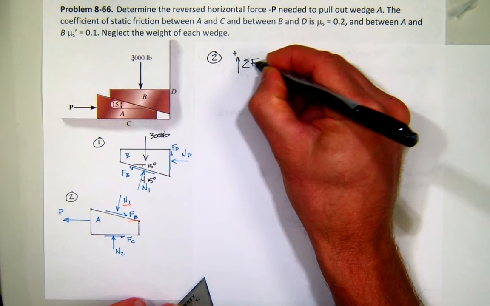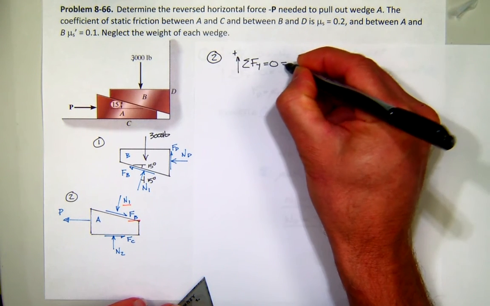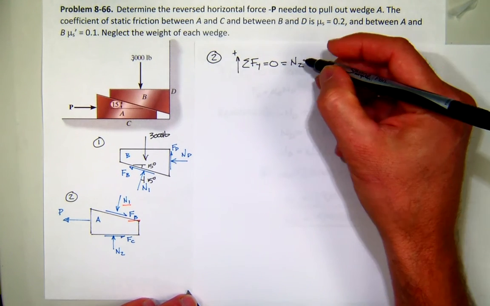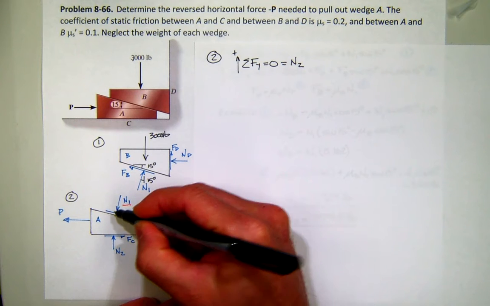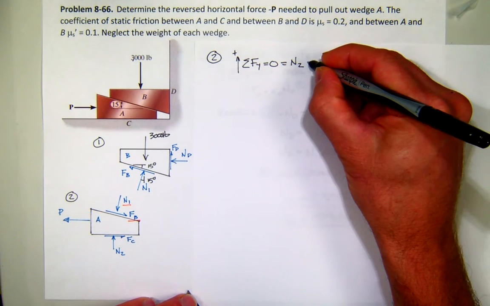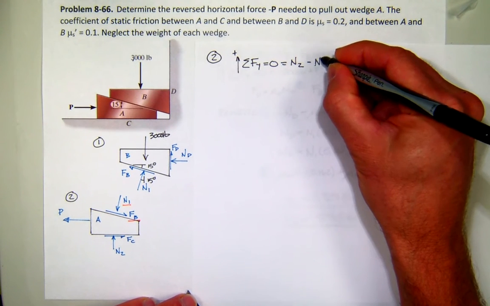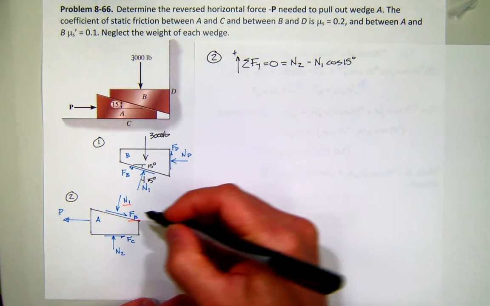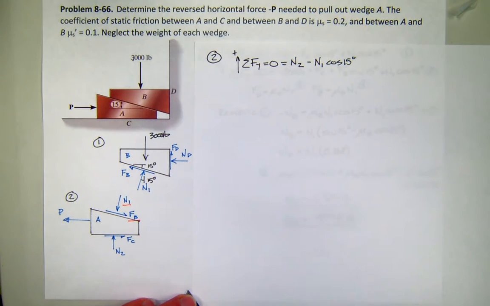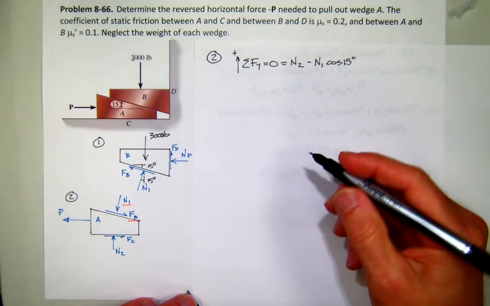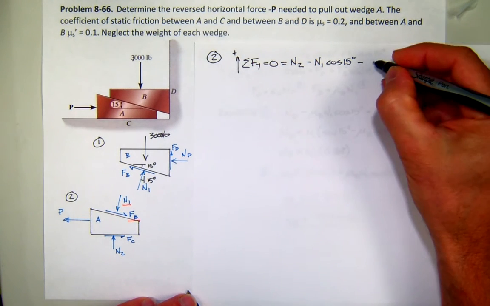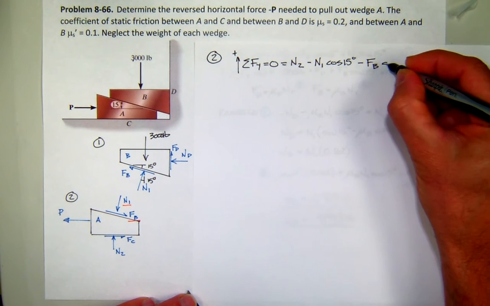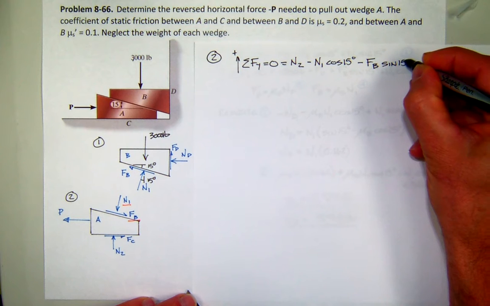So if we sum forces in the y direction, set it equal to 0, what do I have? I have N2 acting up, and then the y component of N1 acting down, so that'd be minus N1 cosine 15, and then the vertical component of the friction, which is also acting down, which would be the friction at B times the sine of 15.